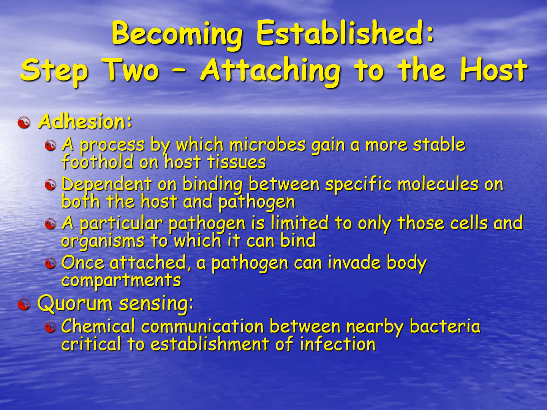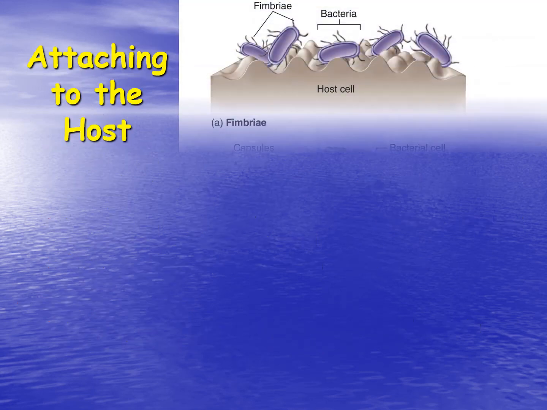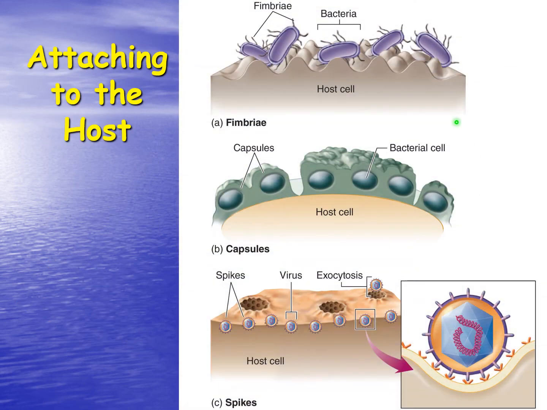Now, quorum sensing, like we see in biofilms, is also often important here because there is sometimes a chemical communication between nearby bacteria that can be critical to the establishment of an infection. So here we see fimbriae attaching to host cells, and this may allow the bacteria to either move in between the cells or into the cells, or to destroy the cells by the production of enzymes.